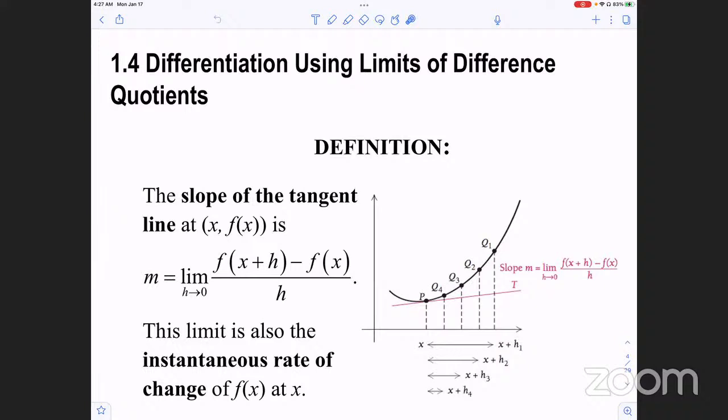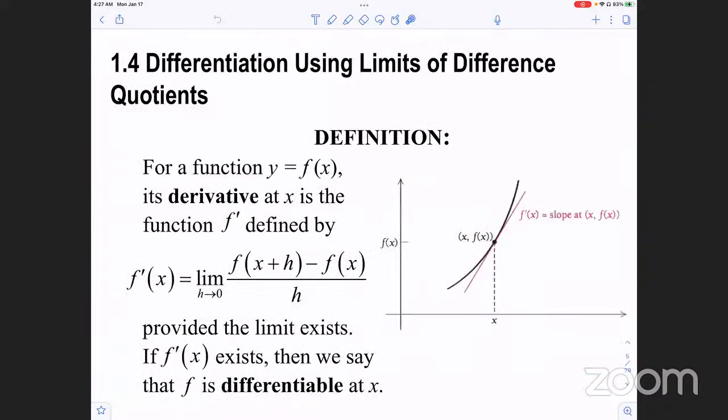This is also the instantaneous rate of change of f at x, right? The slope of the tangent line is basically the limit as h tends to 0 of the difference quotient. For y equals f of x, the derivative of f at x is the function f prime defined by, again, the limit as h tends to 0 of the difference quotient, right?